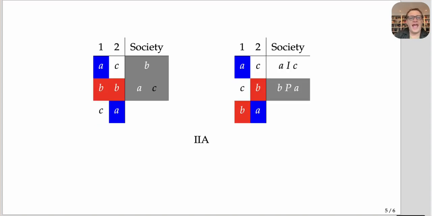Now consider A and B. Notice the voters' ranking of A and B is exactly the same in both profiles.